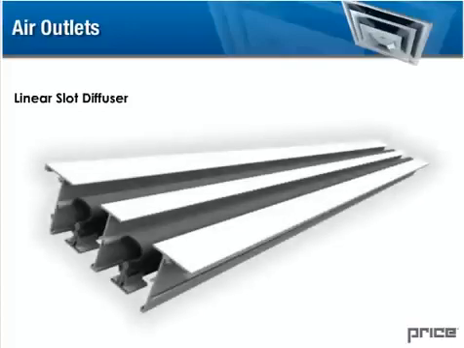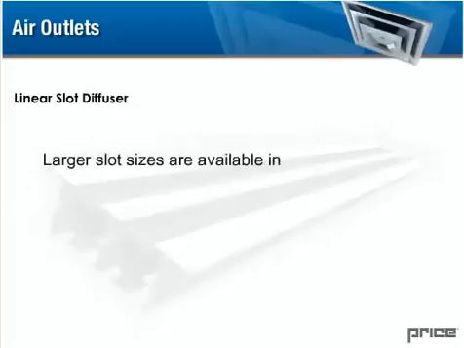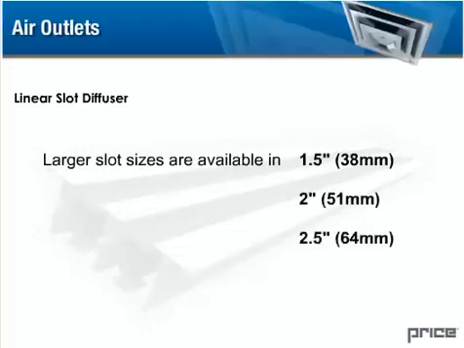Typically used in ceiling installations, the linear slot diffuser is architecturally appealing, particularly when supplied in continuous lengths. Larger slot sizes are available in 1.5 inches, 2 inches, 2.5 inches, or 3 inches for higher capacity applications.